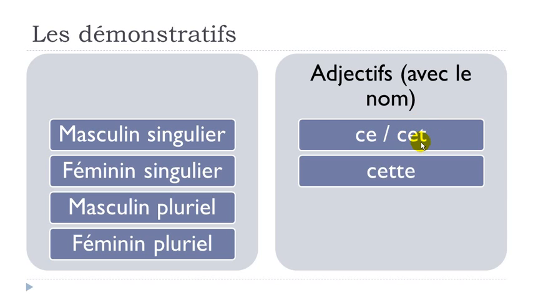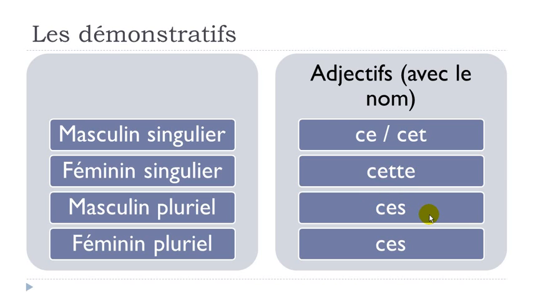Okay, and then the feminine form is cette, like that. So it's quite interesting because if you listen carefully, the masculine form here, cet, and the feminine form here, cette, you write them differently, but you pronounce them the same way. All right, for the plural form, so masculine plural, it would be ces.